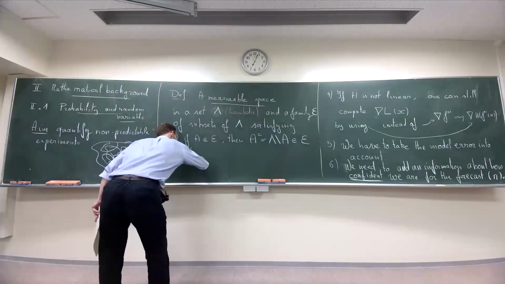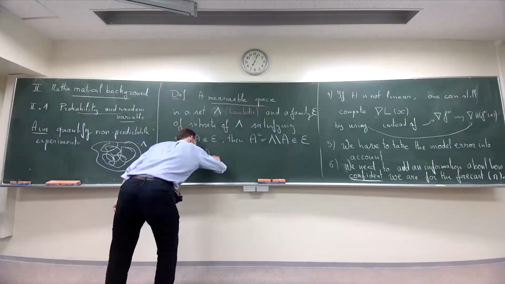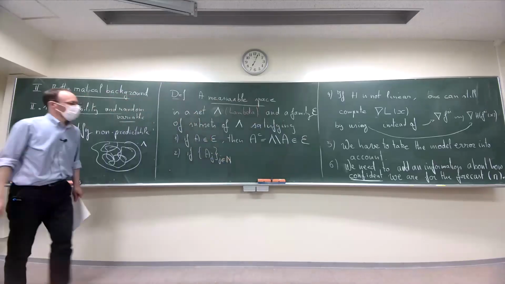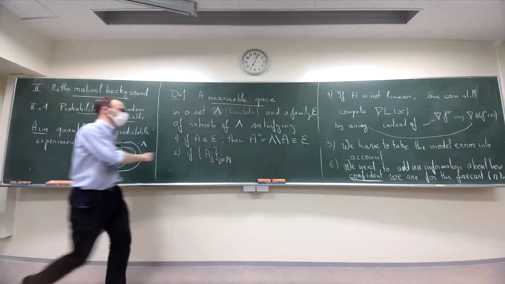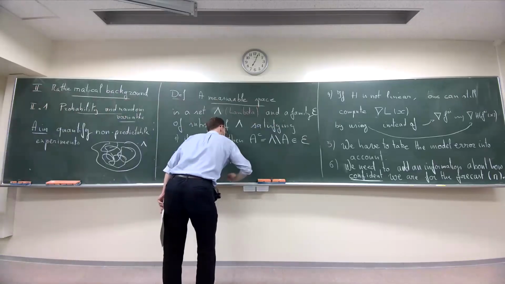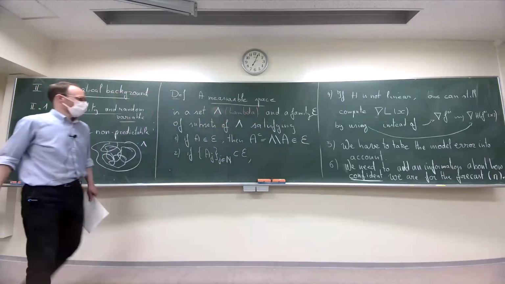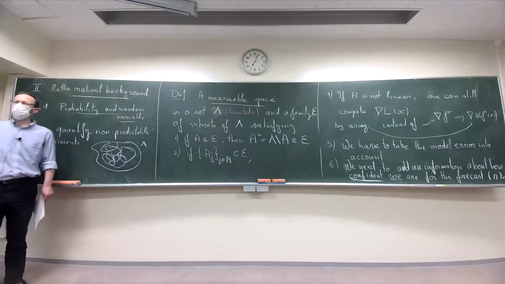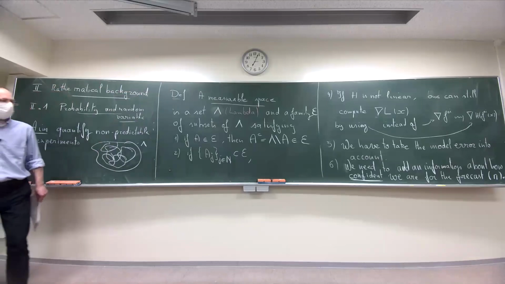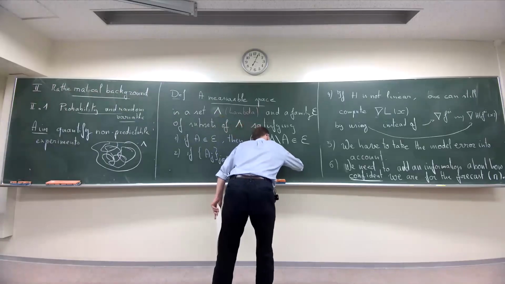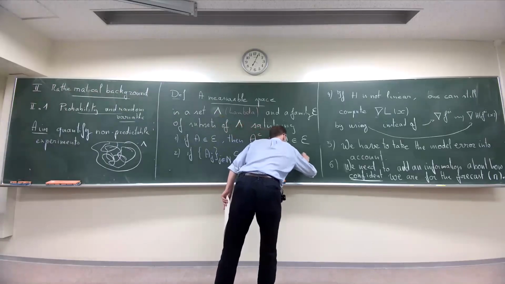So if you take a countable family of subsets, a countable family inside E, then the union of AJ is also inside E.